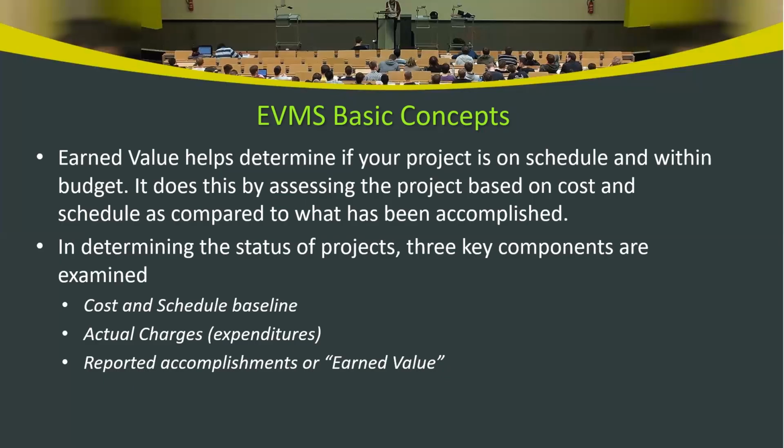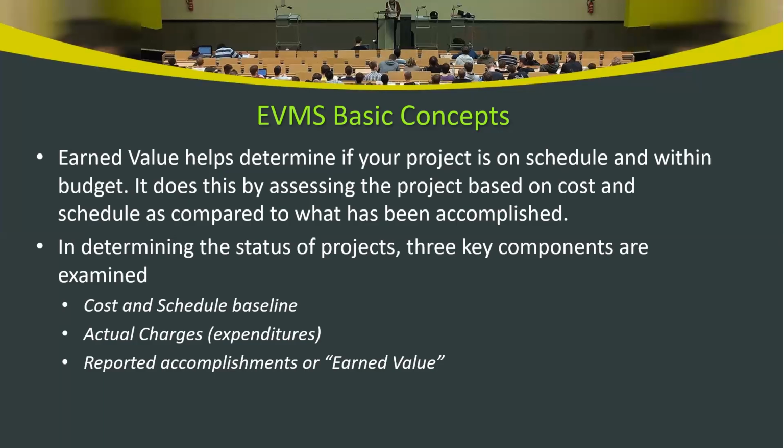And also third one is earned value. The baselines are planned values. Cost and schedule baselines provide planned values, and actual values, obviously, are actual.